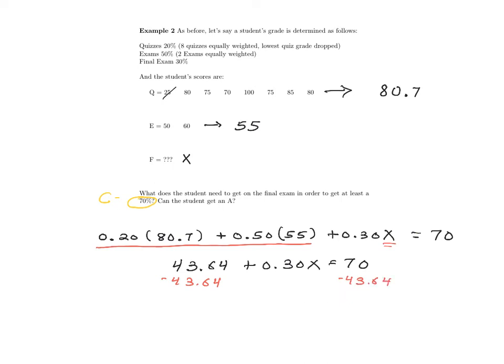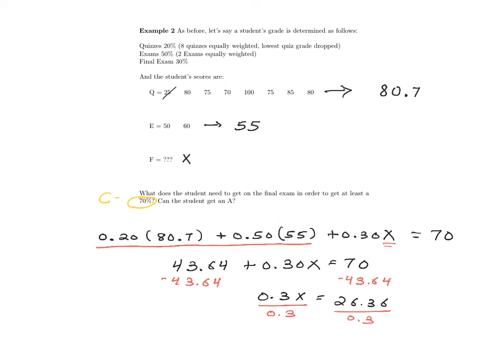Okay, so we get 26.36, so 0.3x is equal to 26.36. And now we'll just divide both sides by 0.3. So dividing both sides by 0.3 will give us our value for x.